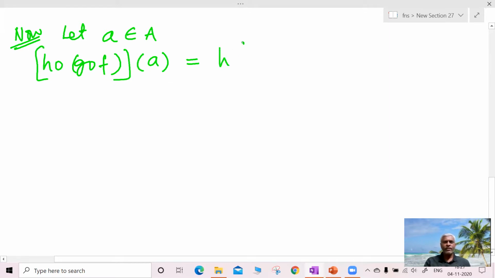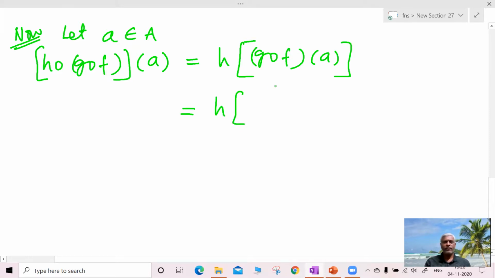Let us break the circle and keep the bracket: H of (G circle F of a). Again, breaking another circle, G circle F, G bracket F of a.